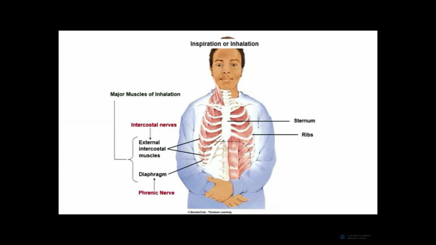So when someone breathes restfully, you have really mild contraction of the diaphragm and mild contraction of the external intercostal muscles. If you were observing somebody breathing restfully, it would be very subtle movements, right? Very subtle movement of the chest, very subtle movement of the belly that would indicate the breathing.